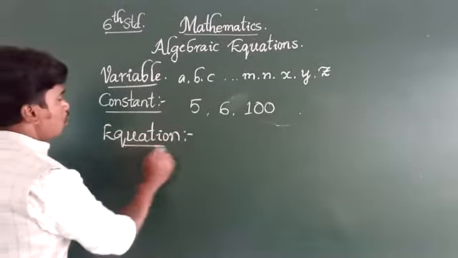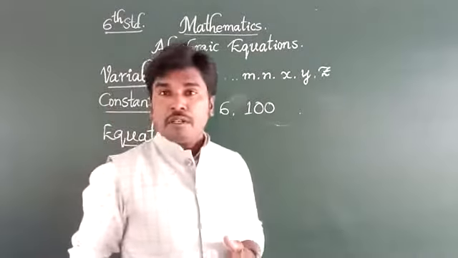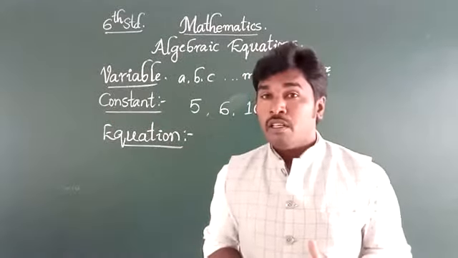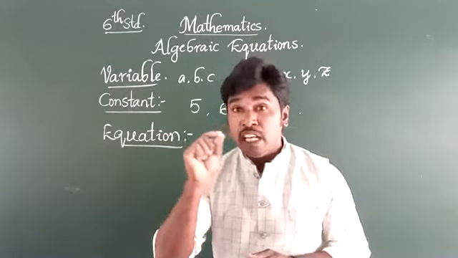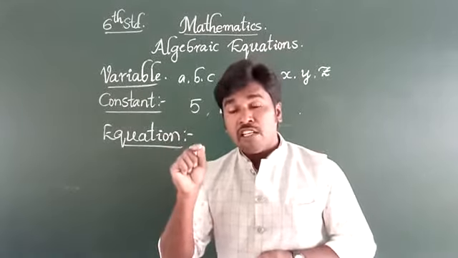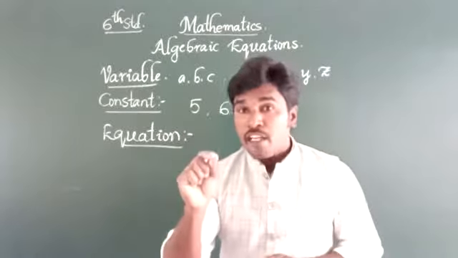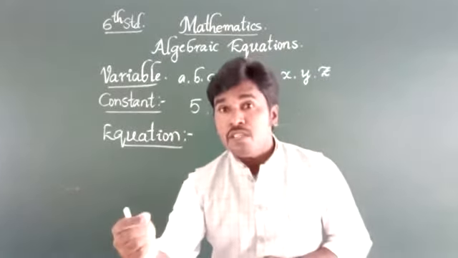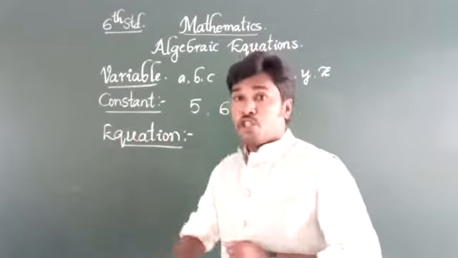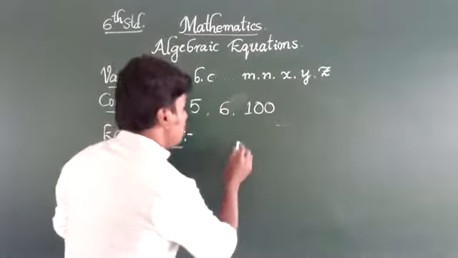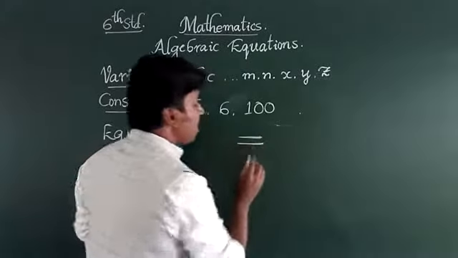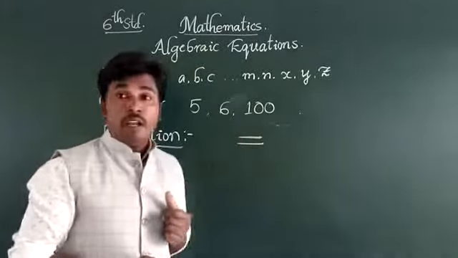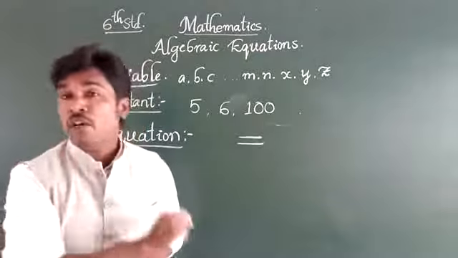Next we proceed to the meaning of equation. Dear students, any statement which can be represented symbolically, equating to some value, we call an equation. The statement should contain the symbol equals.